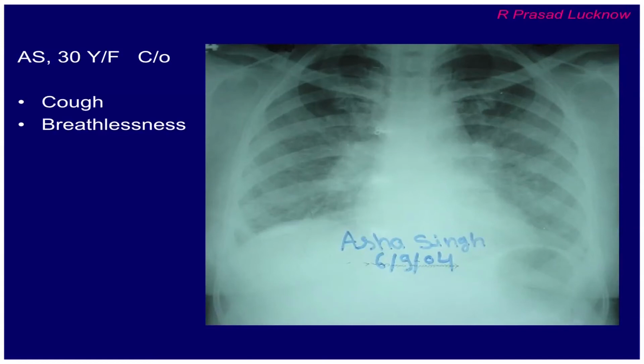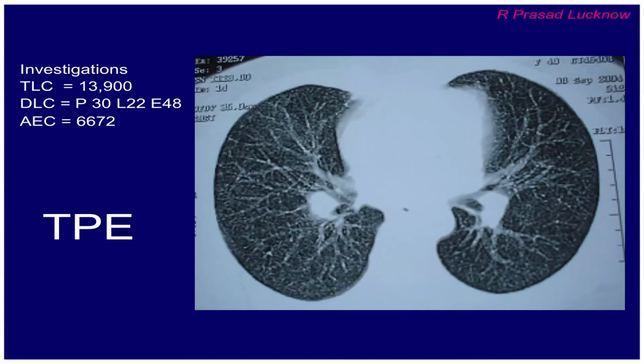Since she had recurrent bouts of dry hacking cough, CT thorax was done and has shown diffuse nodular opacities, and finally, when her TLC DLC was done, the eosinophil count came out to be 48%. So, she was diagnosed as a case of tropical pulmonary eosinophilia, and a course of diethylcarbamazine for 3 weeks had made all the difference.